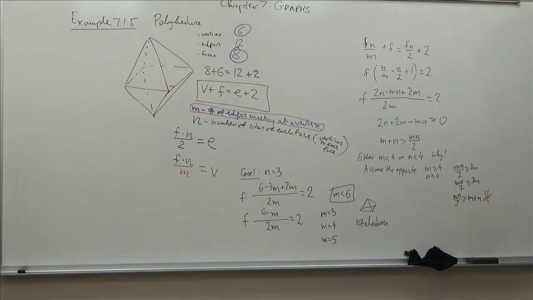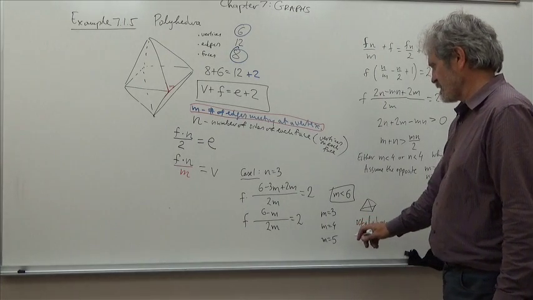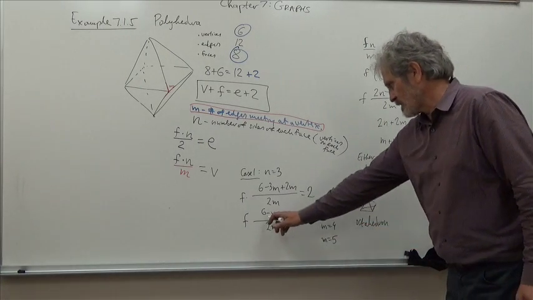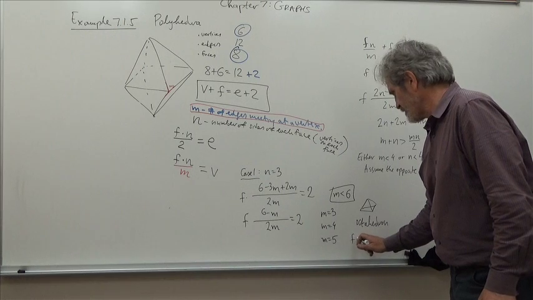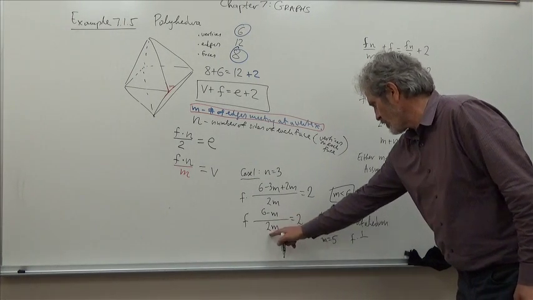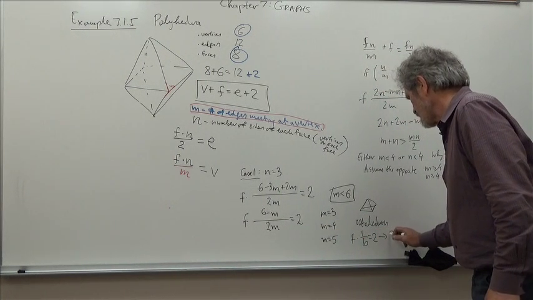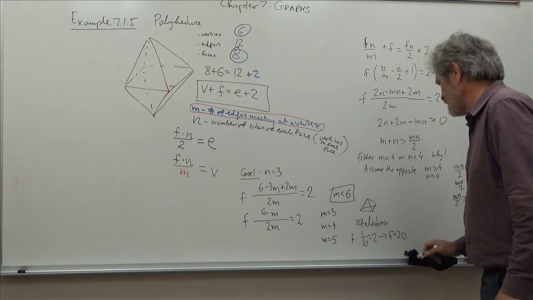And then if m equals 5, then what happens? So if m equals 5, then we'll have the following: F times 1 over 10 equals 2, so F equals 20.